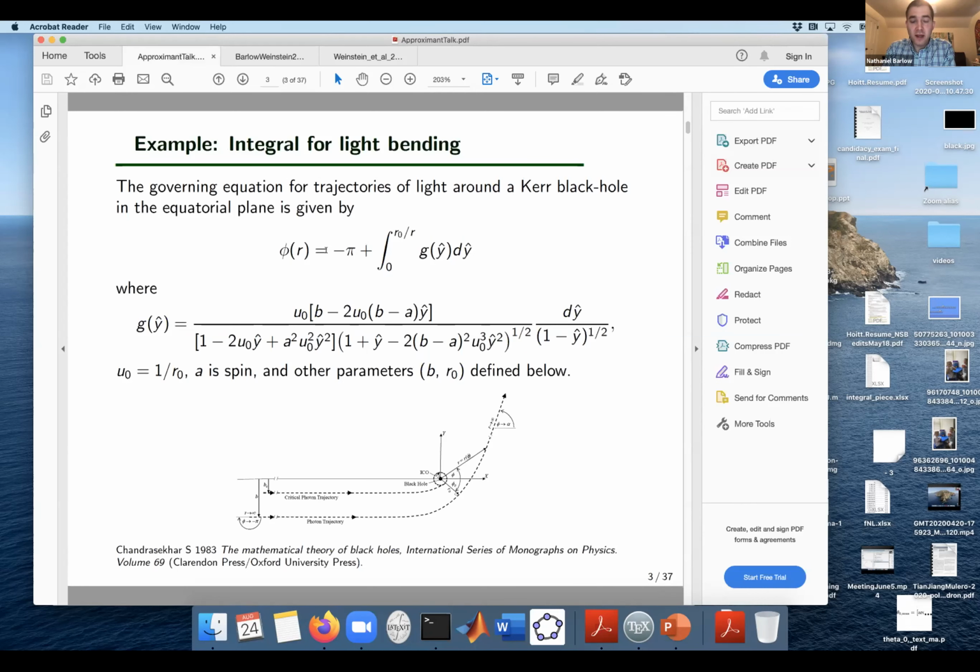And so Ofek was just talking about the light problem. This is the problem that got Steve and I eventually working with Ofek, trying to model the trajectory of light in the equatorial plane around a curved black hole.